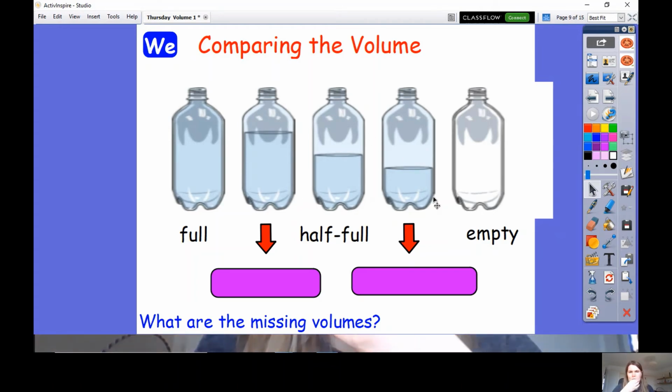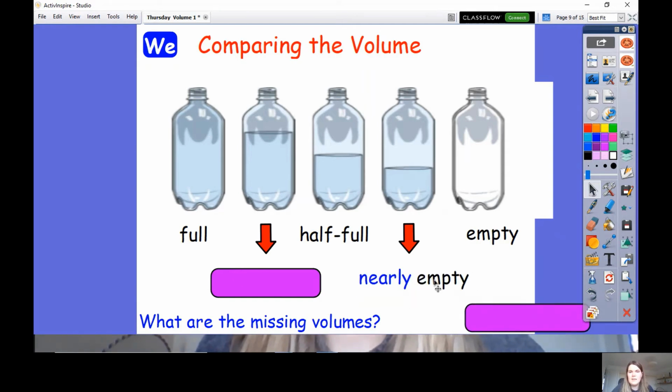What are these two missing volumes called? We've got full, half full, empty. What are we missing? Telling me, calling them out. Nearly empty. Okay, where would nearly empty go? Here? Why would nearly empty not go here? Because it needs to be close to empty. Fantastic. Well done.